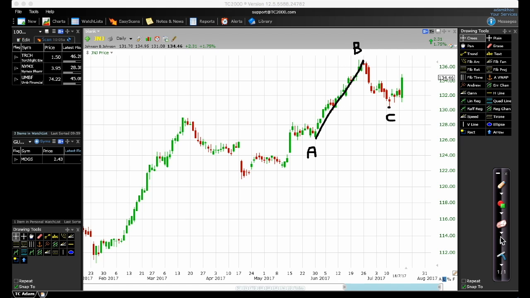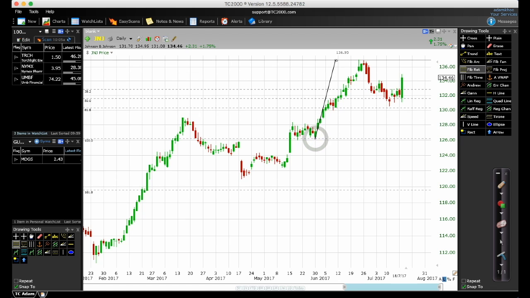So again, Fibonacci retracement tool, A, click, drag to B, and sure enough, you can see it has retraced to here, which is the 61.8 level. So as you can see, this is how we tell if it has retraced to a significant Fibonacci level: 38.2, 50%, or 61.8.